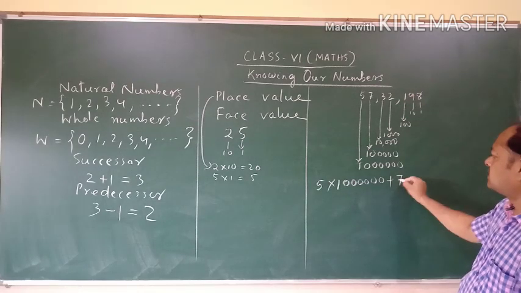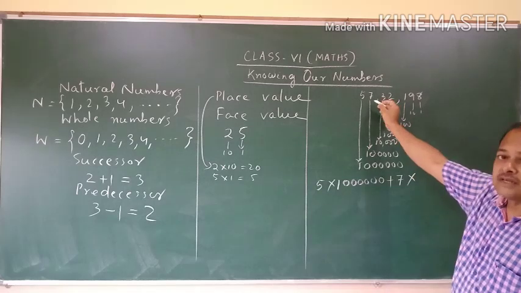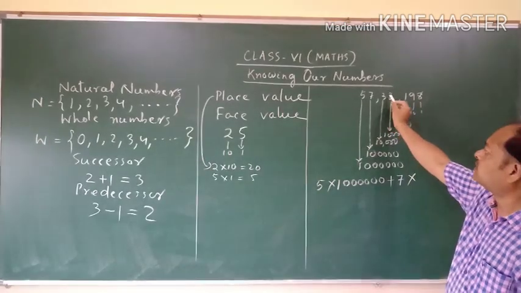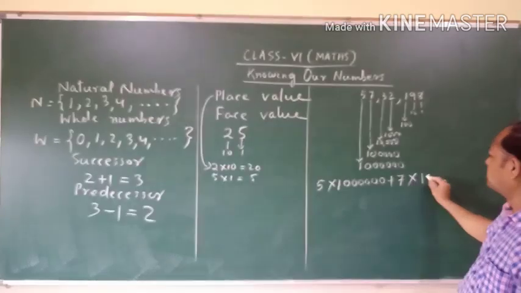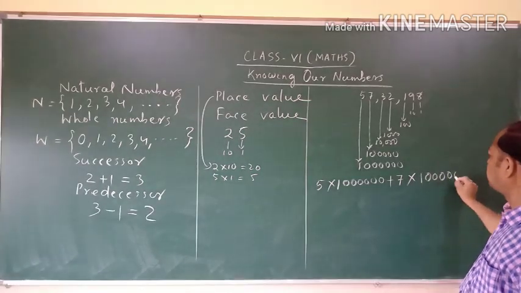The next digit is 7. After 7, how many places are there? 1, 2, 3, 4, 5. So write 1 with that many zeros, 5 zeros.